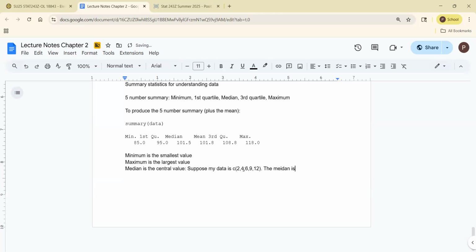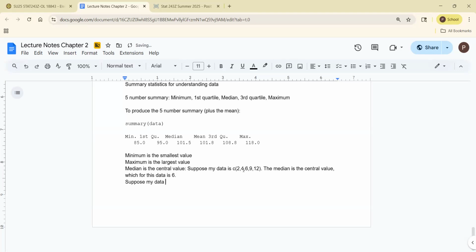The median is the central value, which for this data is 6. Medians can be found for any data set, no matter how big it is.